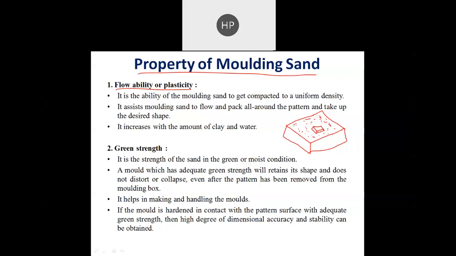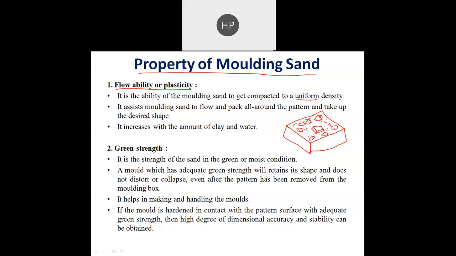But here we require uniformity. Whatever the sand compacted over here should be equal with all other portions in the same molding box. So the compacting density of the sand should remain uniform, and that is possible only by the flowability of the sand, and that's why flowability is important.